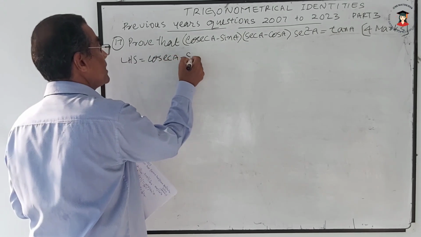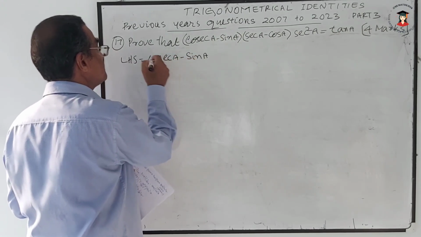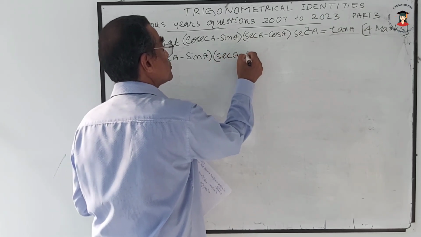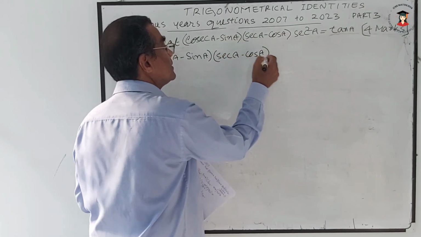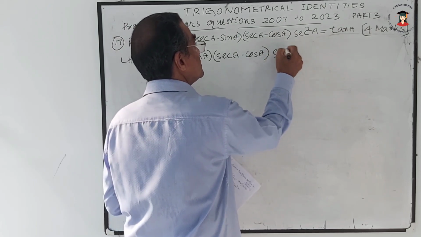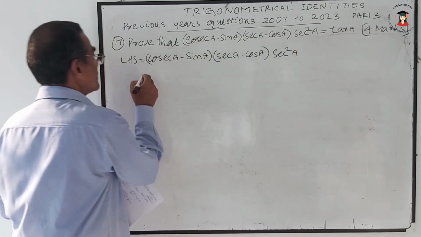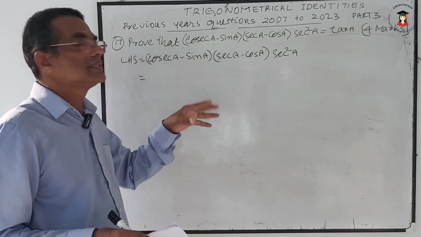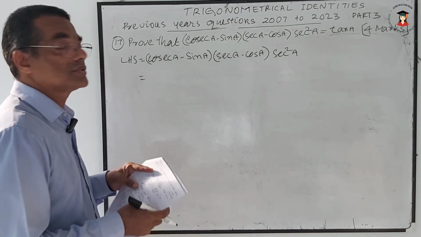cosec A minus sin A into sec A minus cos A into tan square A equal to, let us convert all these cosec, sec into sin and cos.